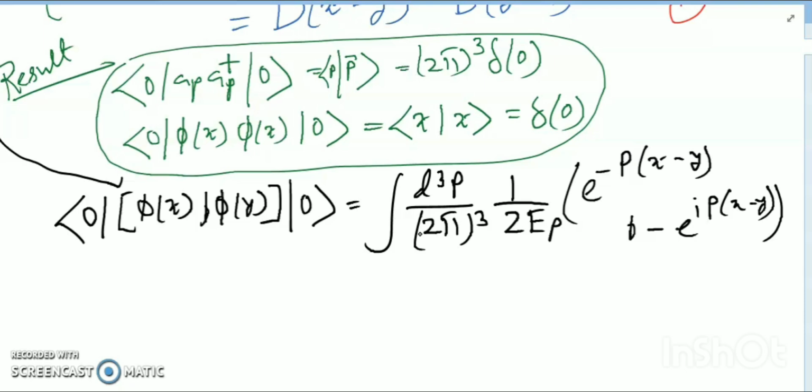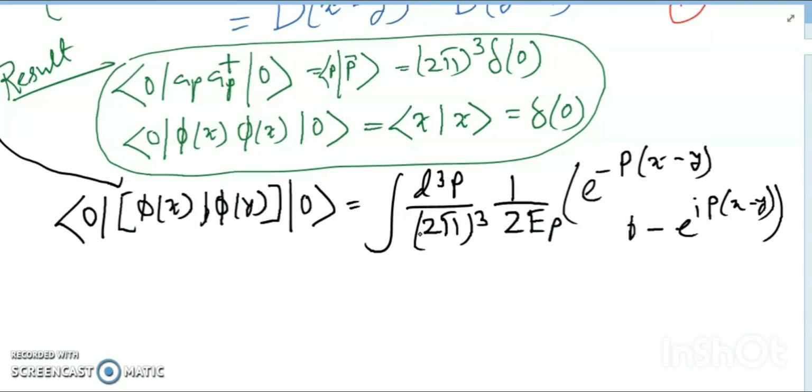Friends, I have already discussed this. You know that the propagator I have already discussed. This is the propagator, in my volumes.